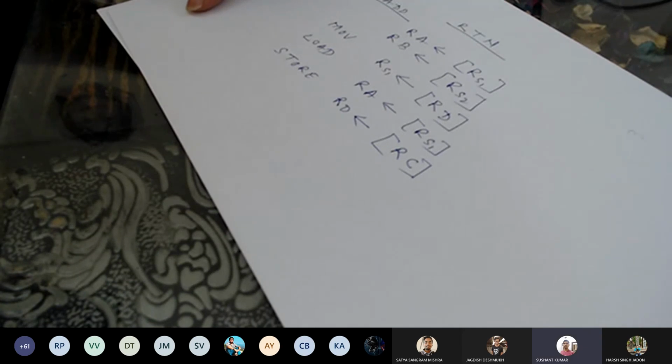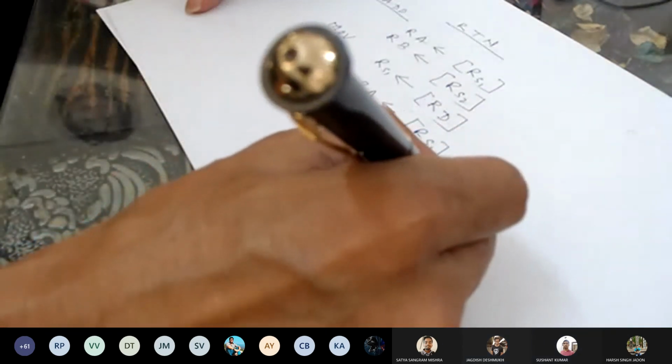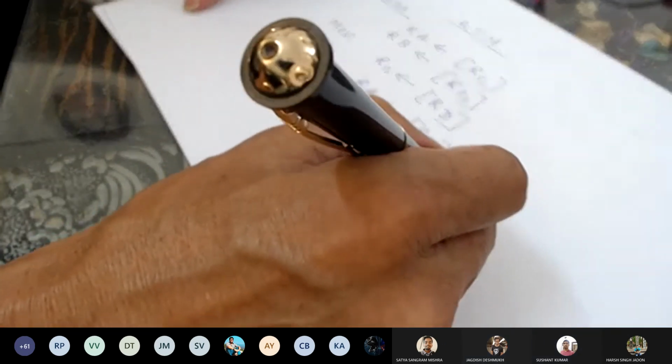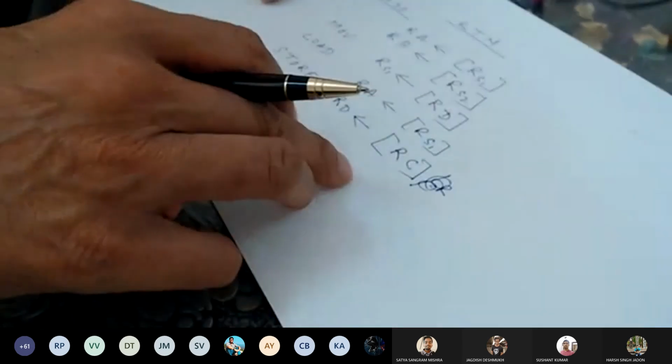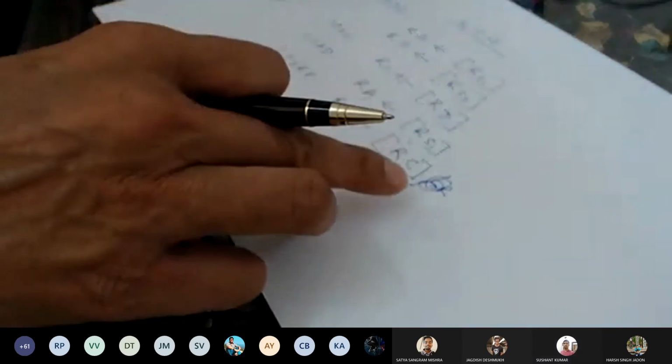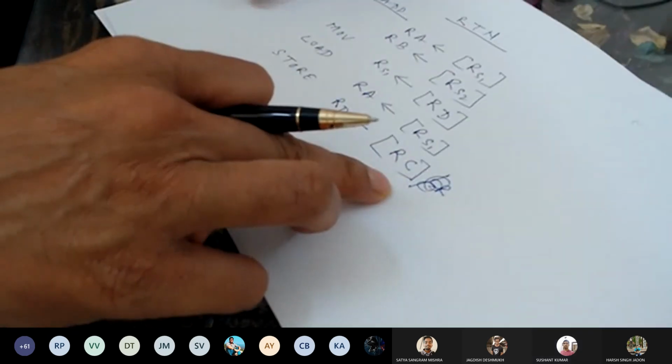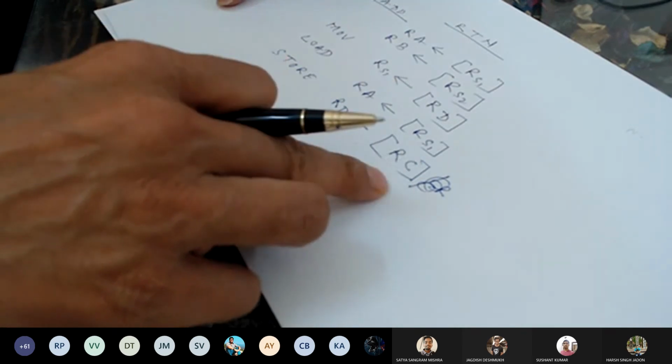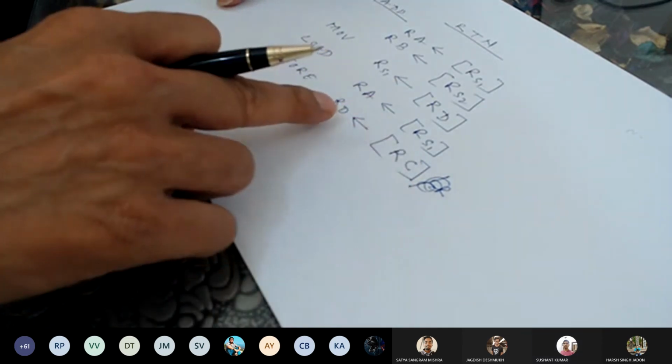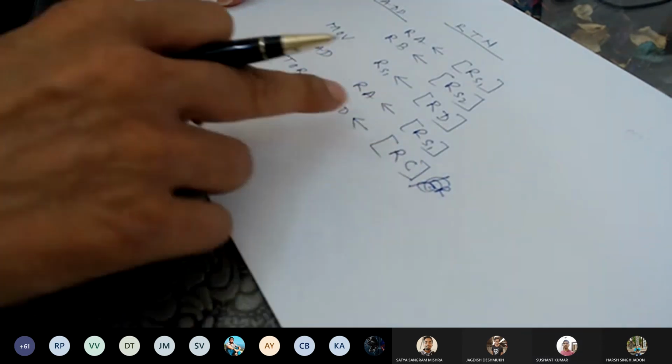Sir, RD is any register, right? RC equals basically R. In case of store, you give the value into RC, and that value comes to the destination register. RC equals RD.